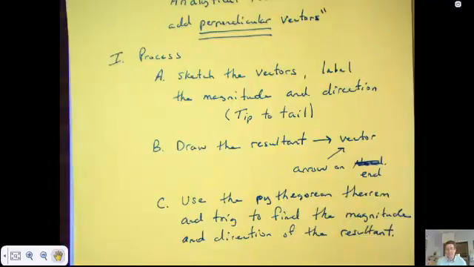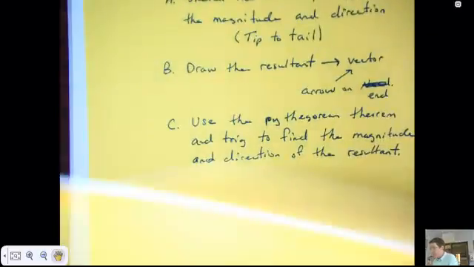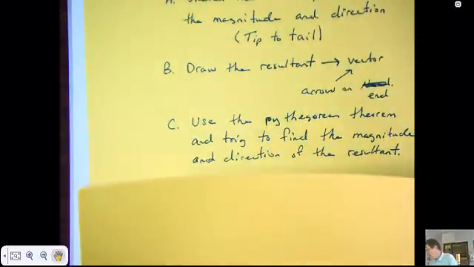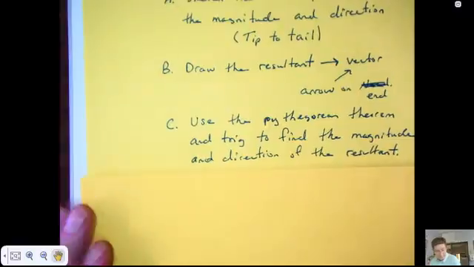So we've done these pieces already, now I'm just going to put them all together. So let's run through a couple examples, just with perpendicular vectors today, so that means everything will be essentially a right triangle, which makes it much easier.